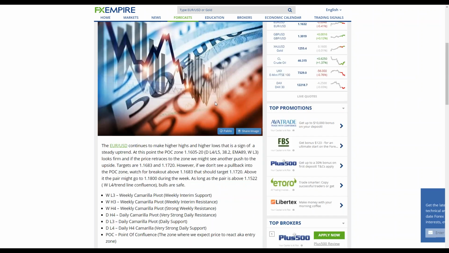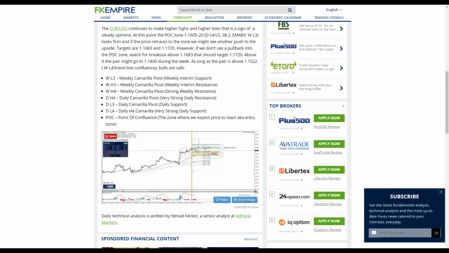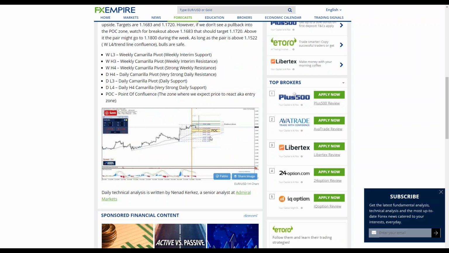Euro dollar definitely for me is still in uptrend. You can see I will open a live chart now. This is the euro dollar. Just seconds to open my chart, and I will show you right away. So a lot of questions.